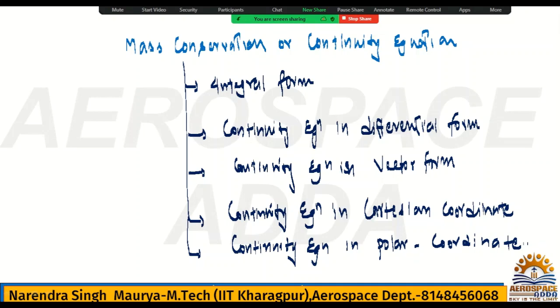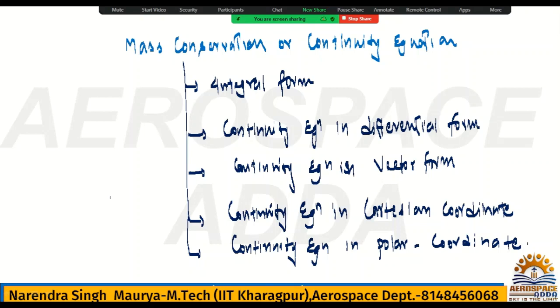So these are the different formats: integral form, differential form, vector form, Cartesian coordinates, and polar coordinates.